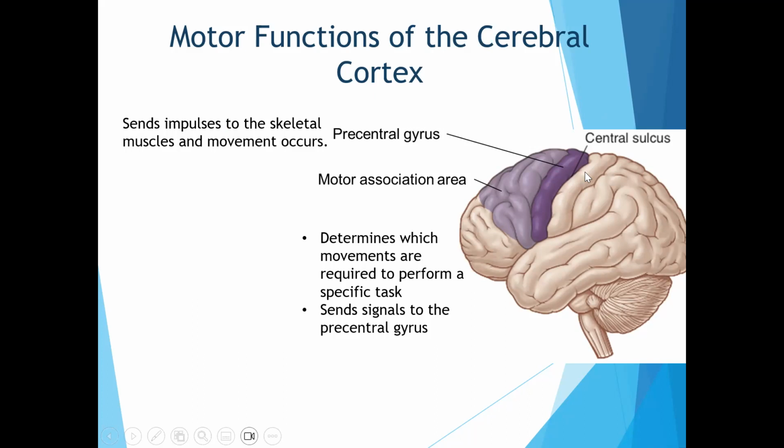So we get the information from our association area in terms of what we need to do. That will then go to the precentral gyrus, which will then send signals down our descending tracts to react. So initially we get info from our association area. That determines what needs to happen. Once we know what needs to happen, we get our signal from the precentral gyrus down to the body's muscles.